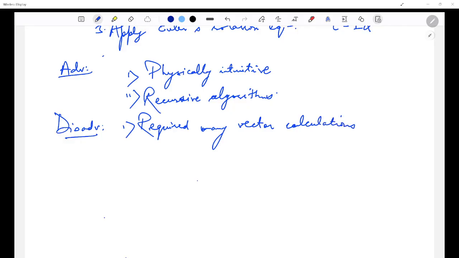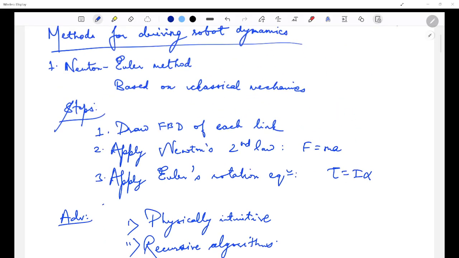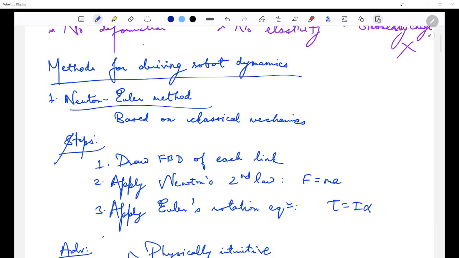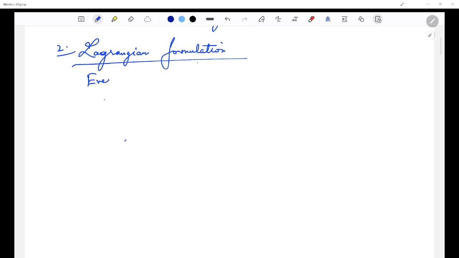Okay. This Newton-Euler method was the first method. Let's talk about the second method. The second method is the Lagrangian formulation. And what does it say? It is basically an energy-based formulation. Can anyone tell me the official definition of Lagrangian?